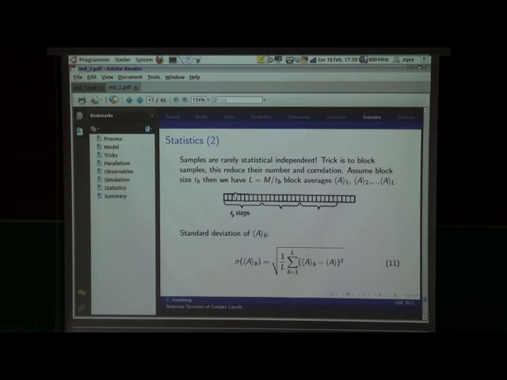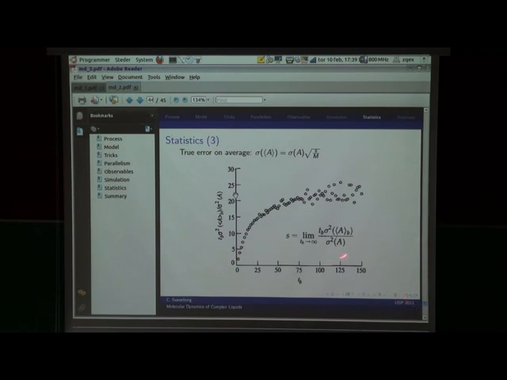Then you can make the ratio of the error of the observable and the error of the block. This ratio is going to plateau at a value, and you can see that a blocking of 20 or above is large enough to decorrelate the configurations. Then you know the true error on the average. The error is the error on the observable divided by the square root of m, but the true error is larger because subsequent configurations are correlated. Just something that you have to be aware of.